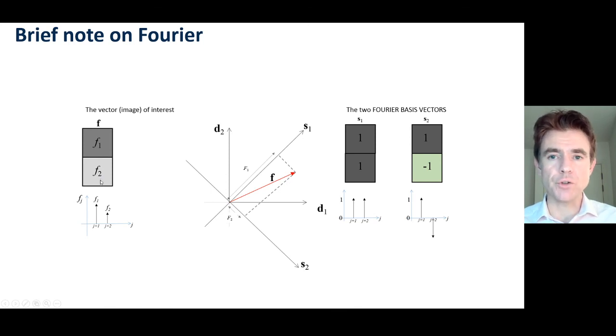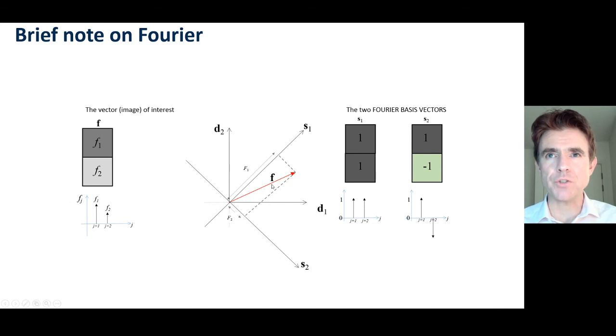So using the canonical basis or the delta basis vectors d1, d2 that we've already seen in the previous slides, there's the basis vector d1, there's the basis vector d2, and then we're saying that f is equal to some amount f1 of d1 and some amount f2 of basis vector d2. Okay, that's what we saw earlier.